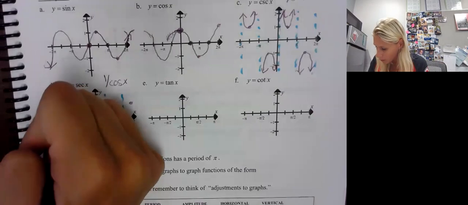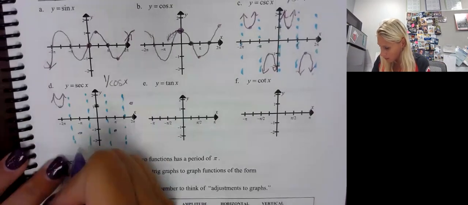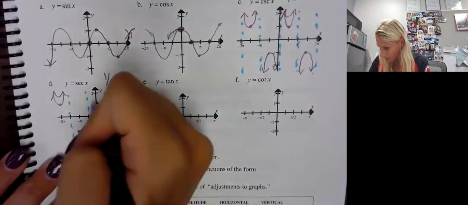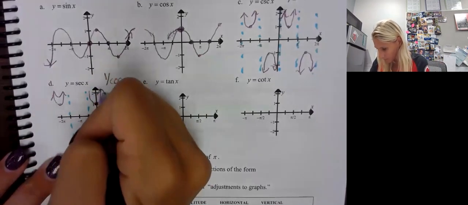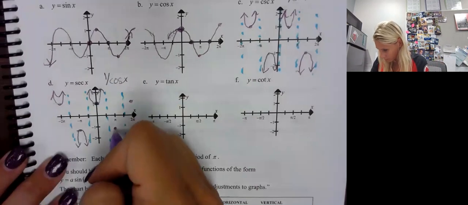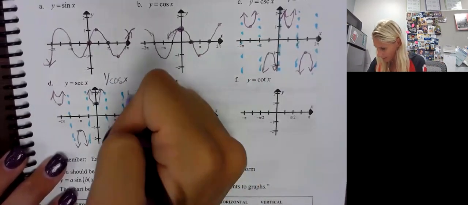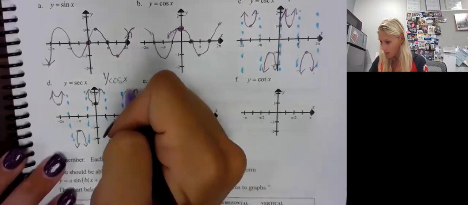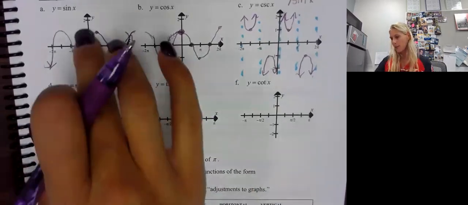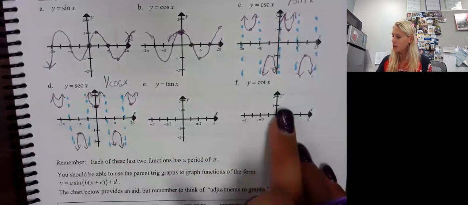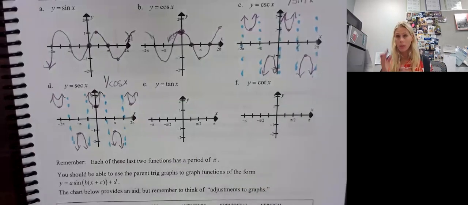So that means we have our parabolas in between. All right. Okay, so remember this repeats every 2 pi.